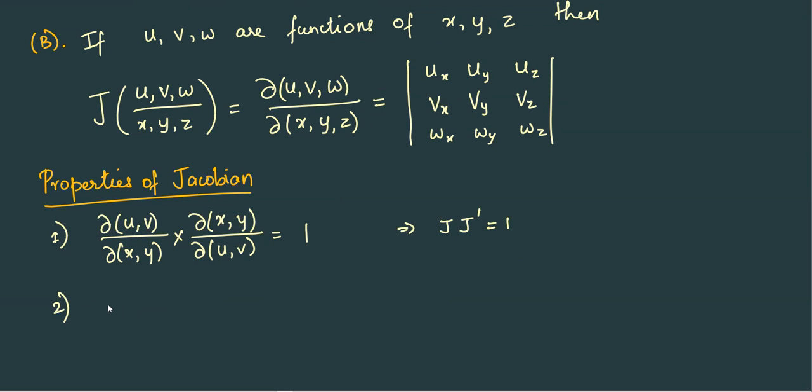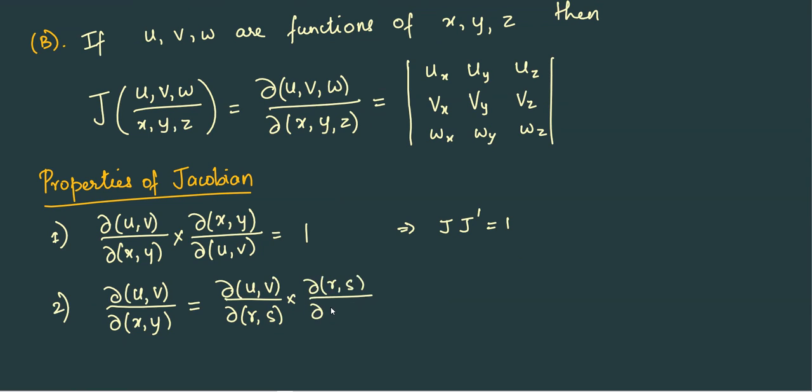Then suppose there are variables. So just look at this. Jacobian of u v with respect to x y is the same as Jacobian of u v with respect to r s multiplied by Jacobian of r s with respect to x y.